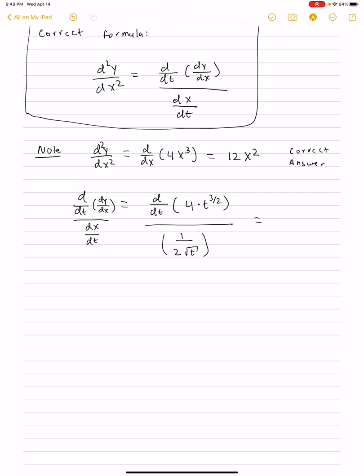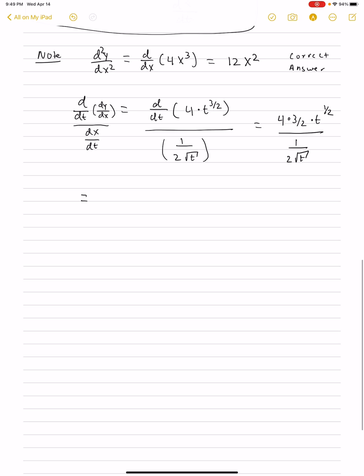I need to differentiate the numerator. It is going to be 4 times 3/2 times t to the power of 1 less, which will be 1/2, divided by 1 over 2 root t. Well, let's invert and multiply. This will be 12 over 2, and this will be t to the 1/2 power. I invert and multiply the denominator, and let me write that as t to the 1/2 power instead of square root.